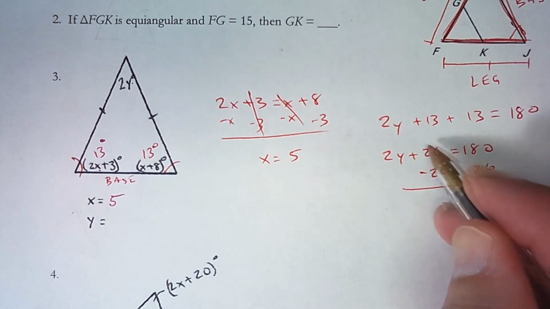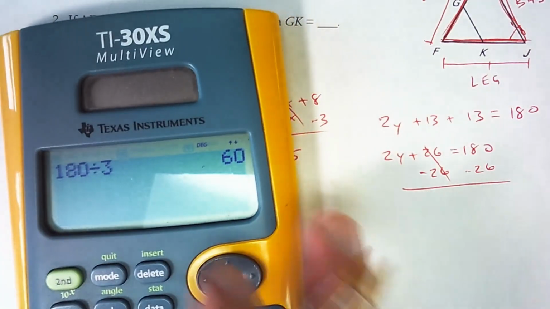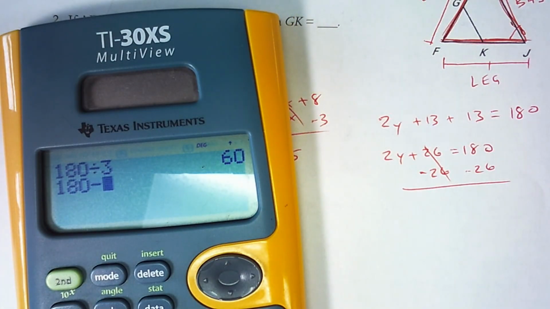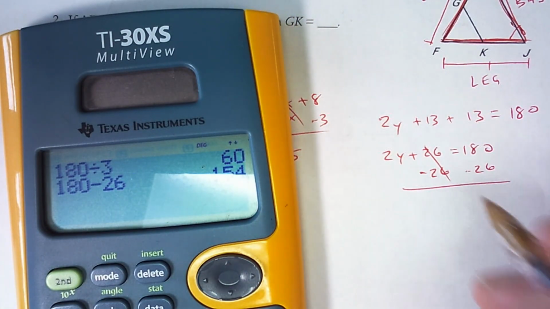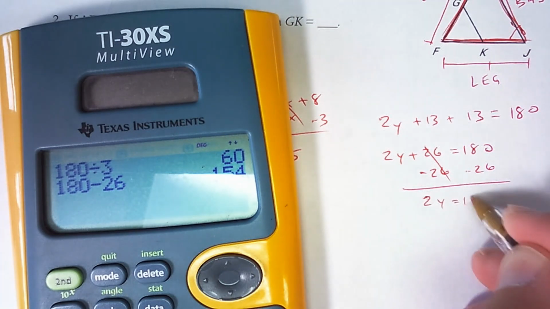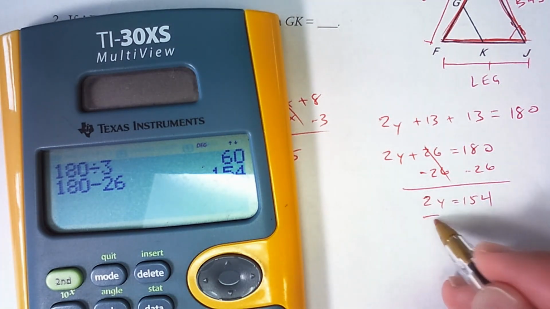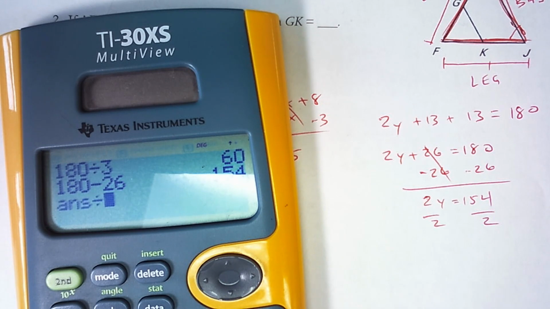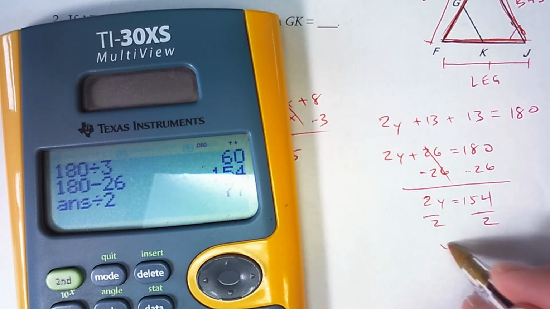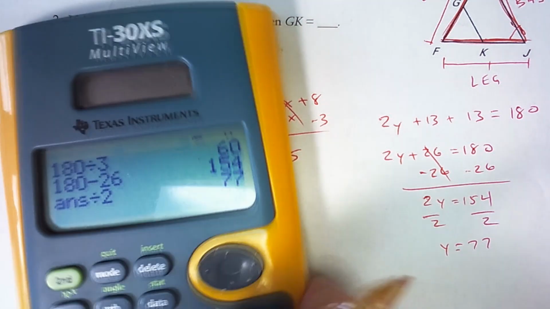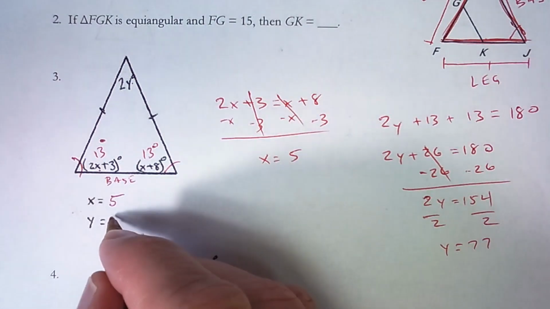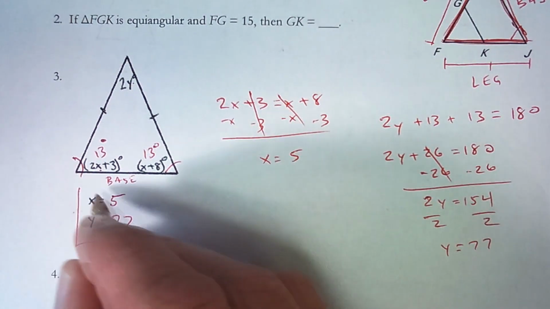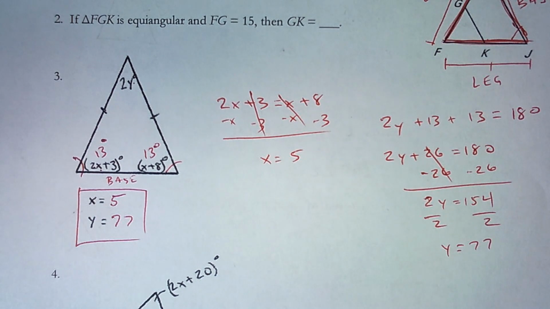I'll subtract 26 from both sides. 180 minus 26 is 154. 2y is 154. And divide by 2, and I get y is 77. So I've got x is 5, y is 77.